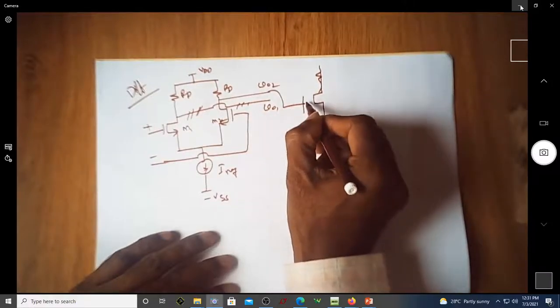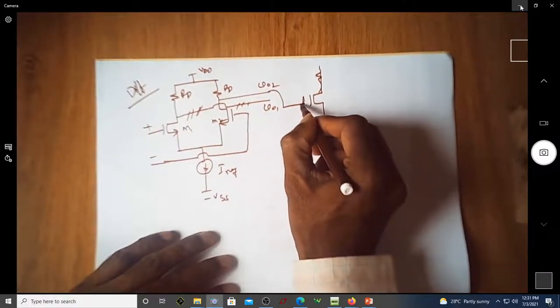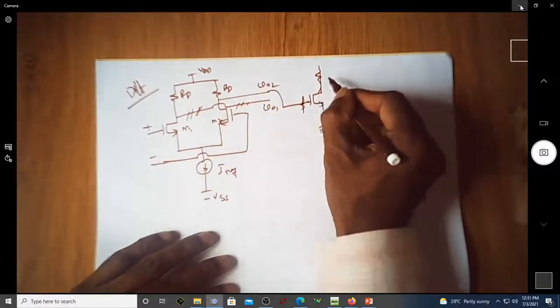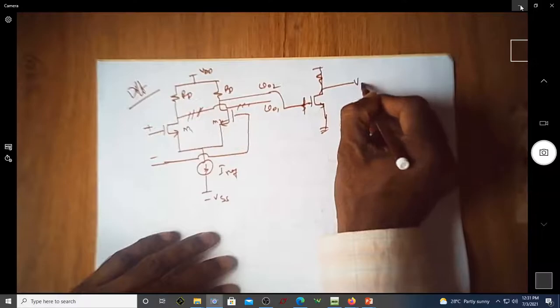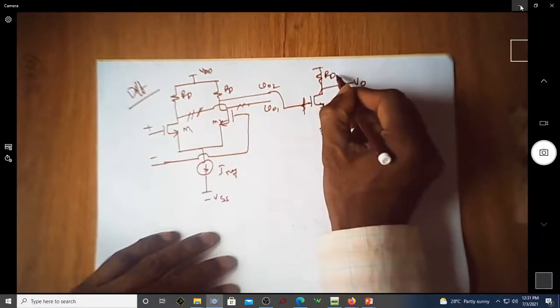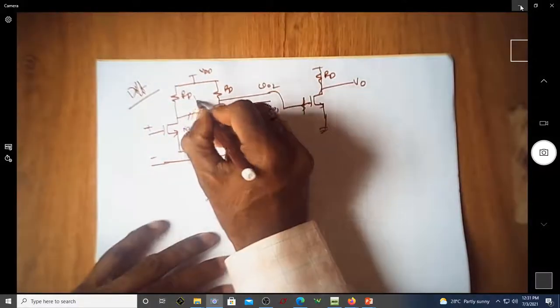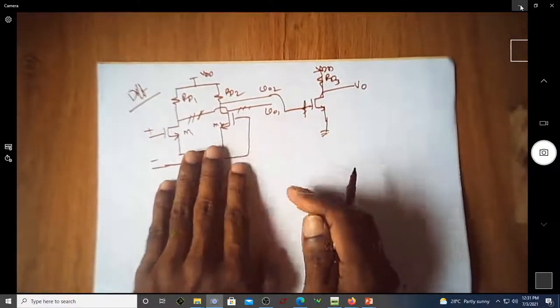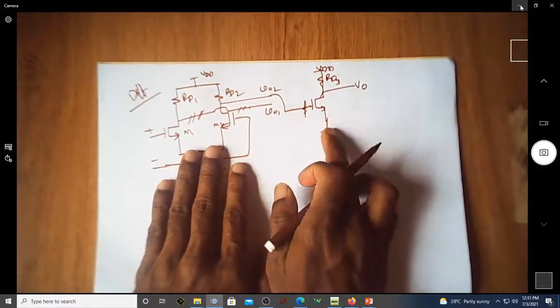Of course, I'm not writing the biasing part of the CS amplifier, assuming that you have a bias and you get the final V0. So this is RD, if I write it as RD1, RD2, RD3, this is your differential amplifier followed by a CS amplifier.